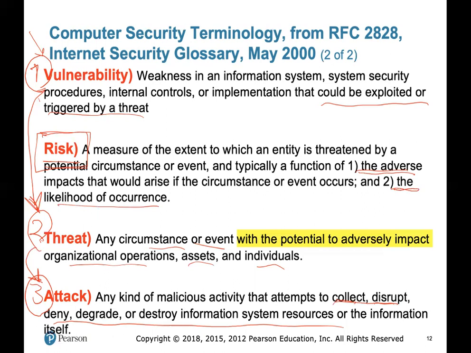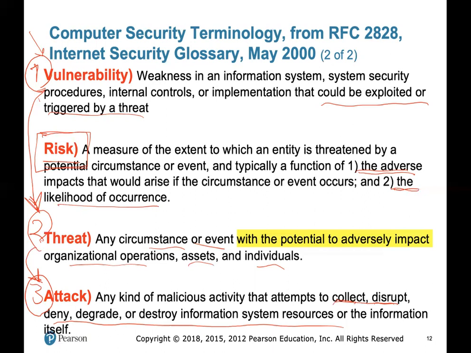Because some vulnerabilities or threats might have very big or very negative outcomes, but their probability might be, for example, let's say 0. They may never ever happen. So we shouldn't count them as a real risk.